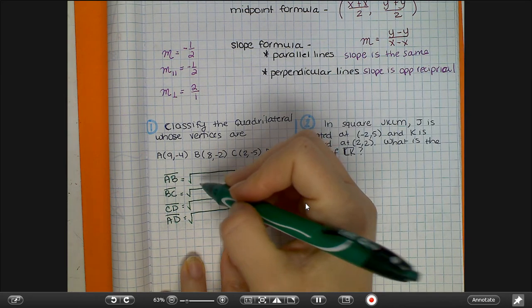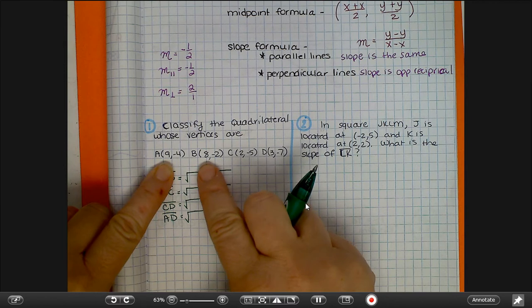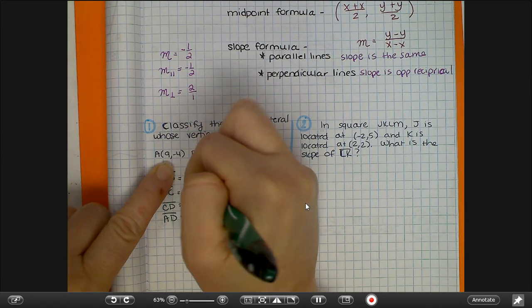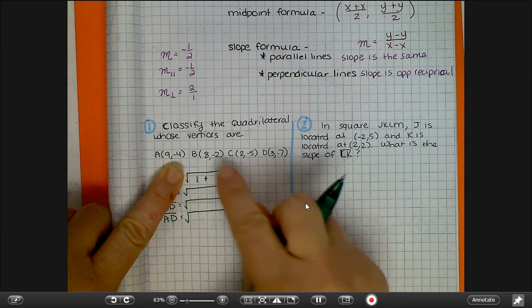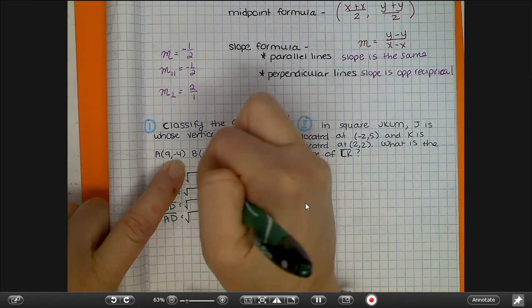All right, and AB is x minus x. So 9 minus 8 is 1 squared, is 1, plus y minus y. -4 minus -2 is -4 plus 2, which is -2 squared is 4.